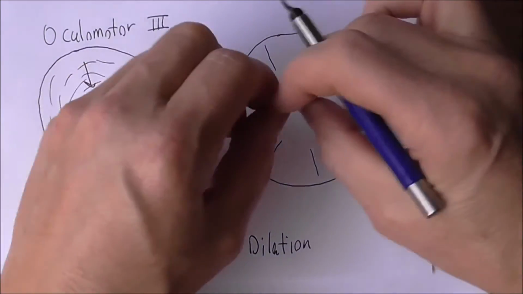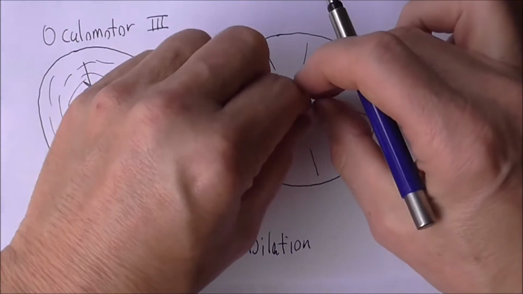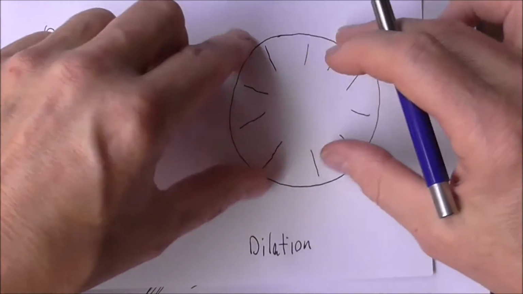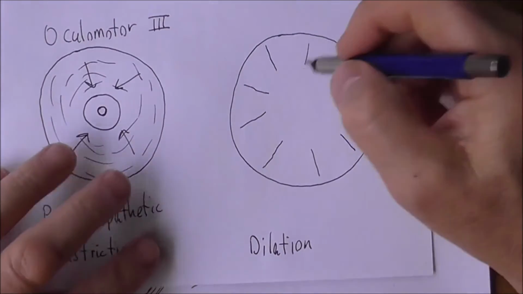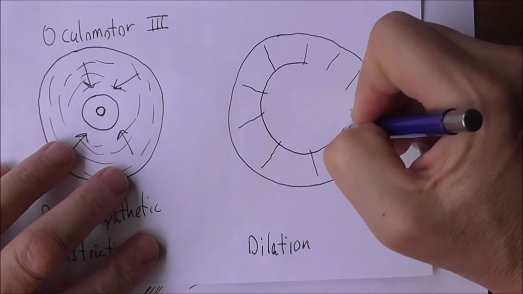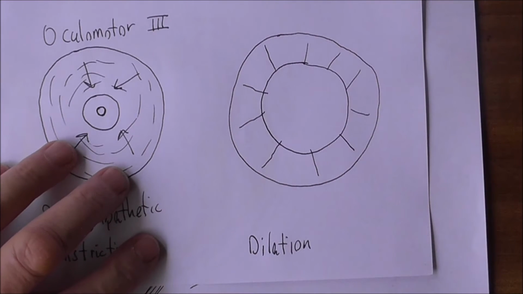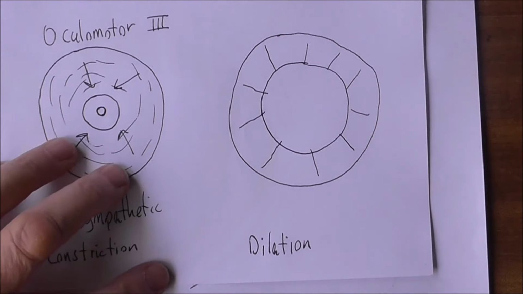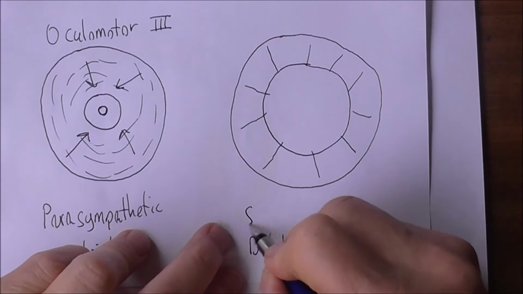And when these muscles contract and get shorter, that's going to pull the pupil, going to open the pupil, going to dilate the pupil. So that's contraction of the radial fibres, the dilator pupillae. And the interesting thing about this is under sympathetic control.